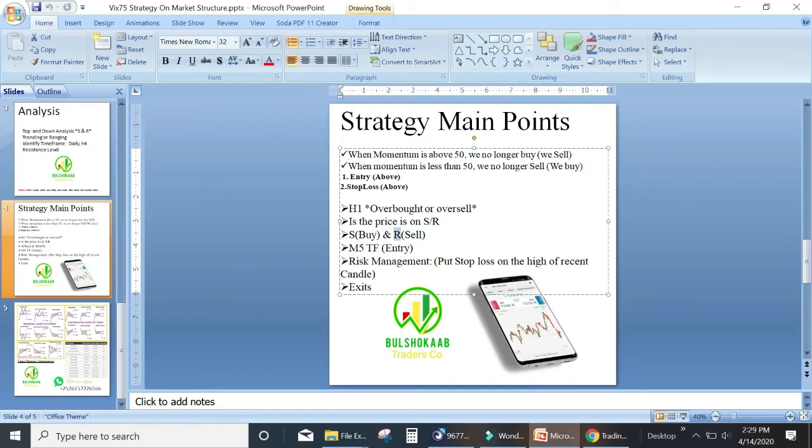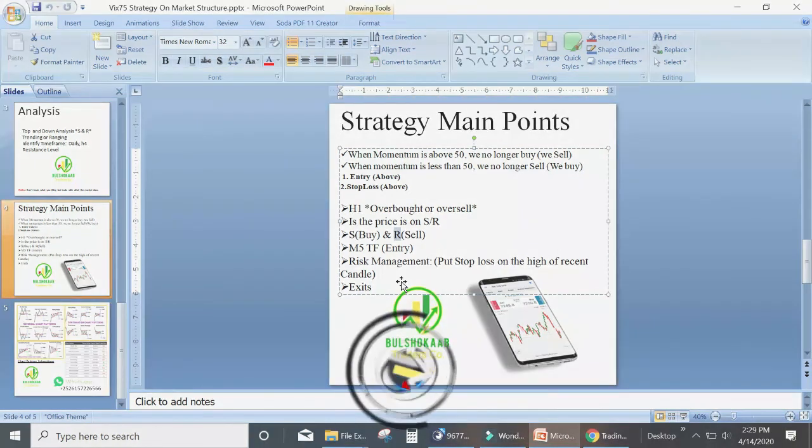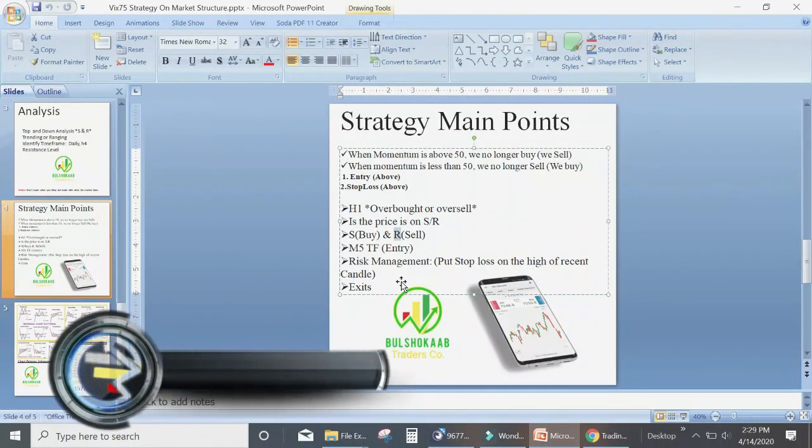But we need to have the chance to sell, because we will need to know more about the entry and how we can make entries. M5, I mean the 5 minutes time frame, is the main time frame which you can use to make entries.